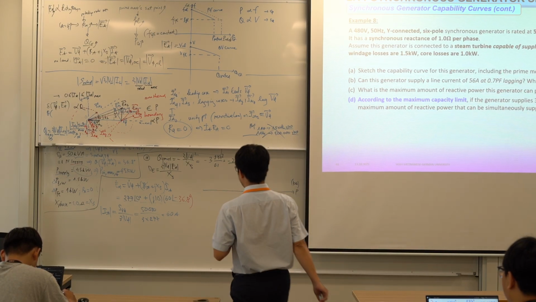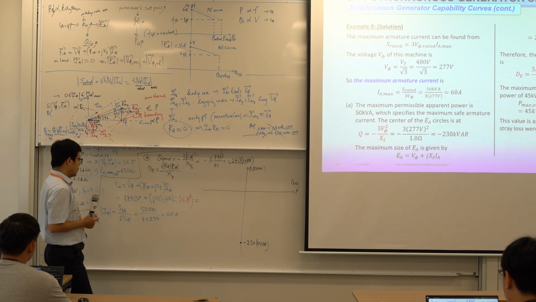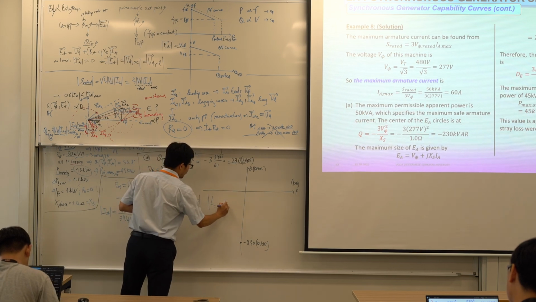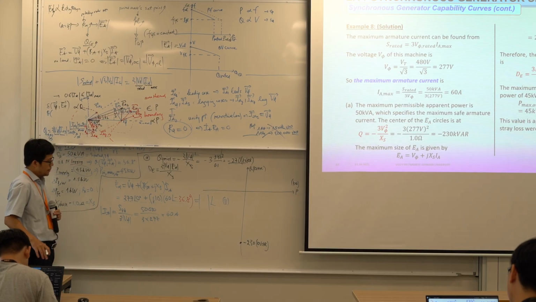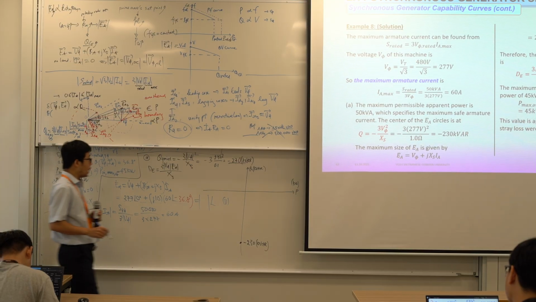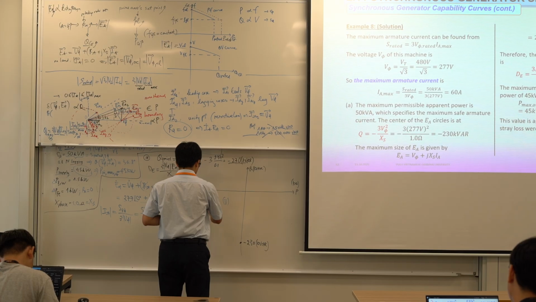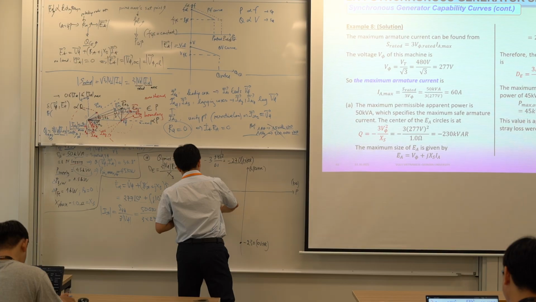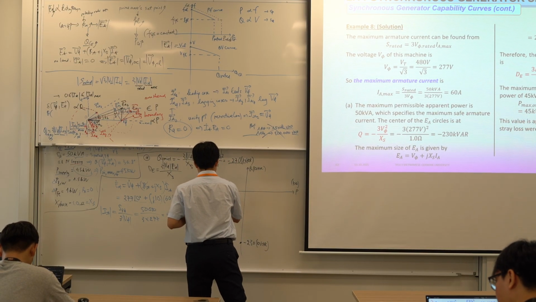And now please help me, how many? How many in magnitude and angle? We hope we get the same values as in this slide. We have 317.4 with the phase angle 8.7 degrees.